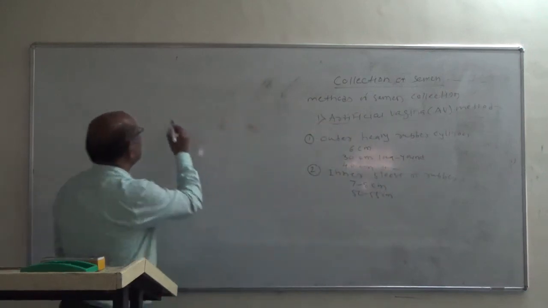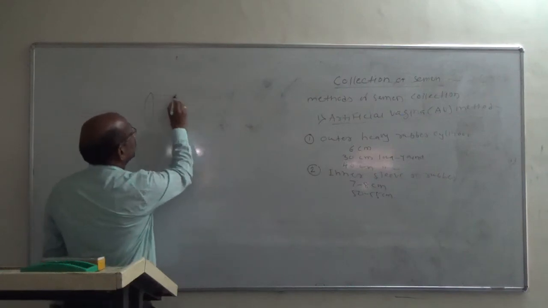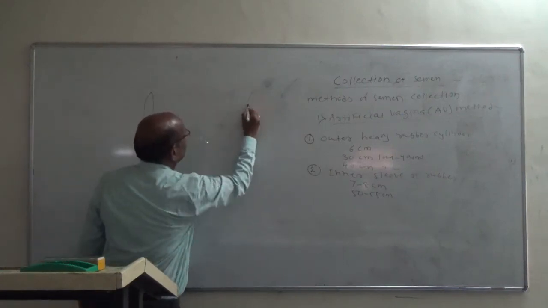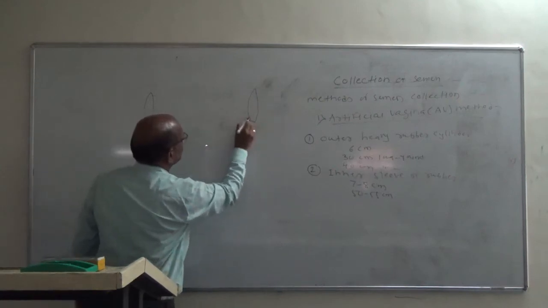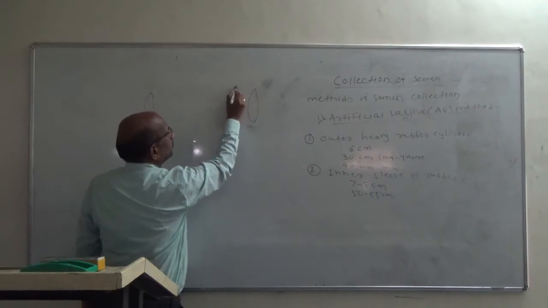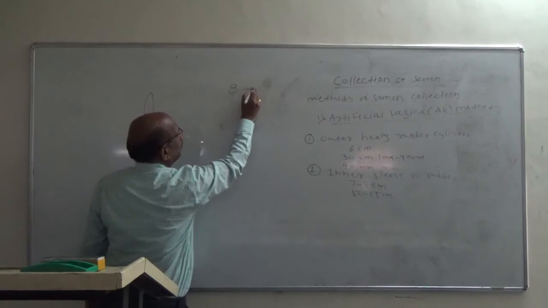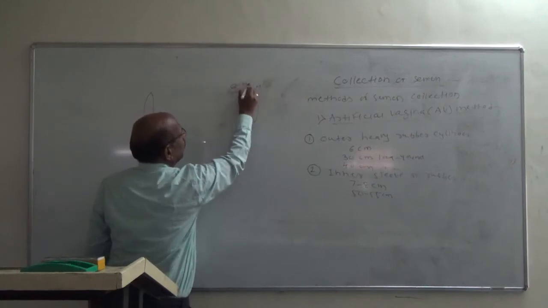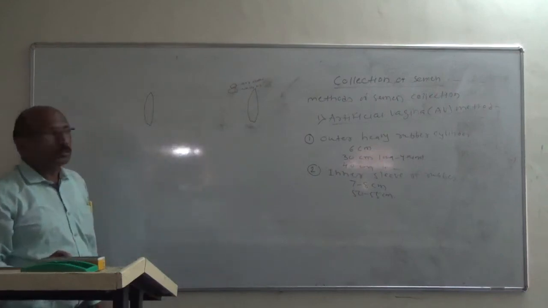So this first is the outer heavy rubber cylinder, with the provision of water and air outlets 5 centimeters from the end.